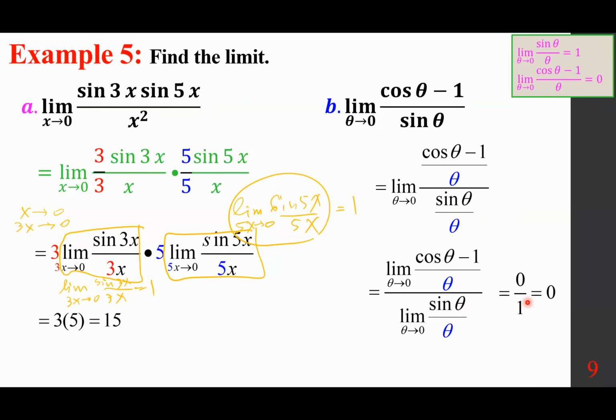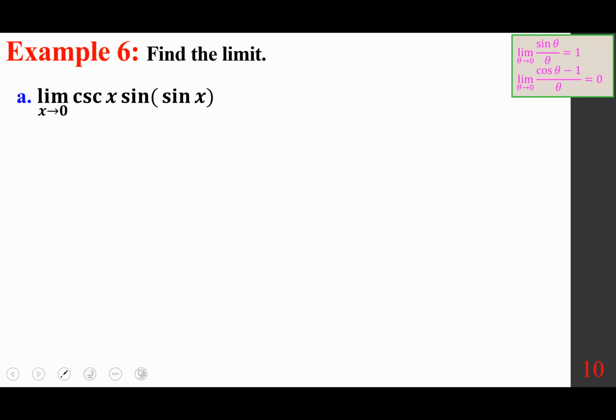So these are the limits. The limit of cosecant x times sine of sine x as x approaches 0. That's what we want to figure out. When we look at this, when this one and this one are identical, that's how we arrive at 1.